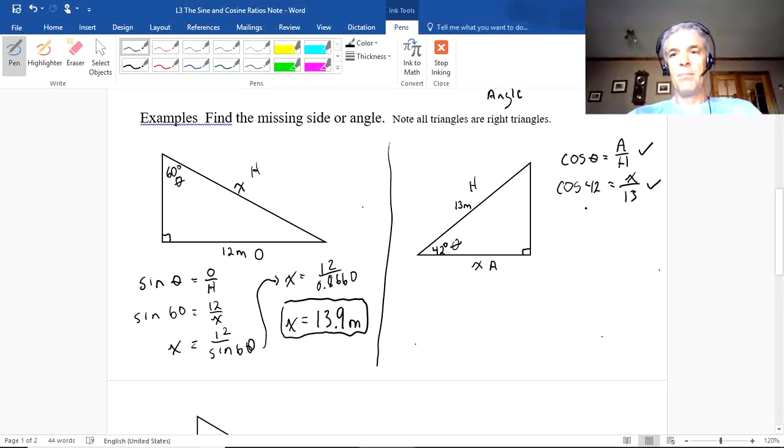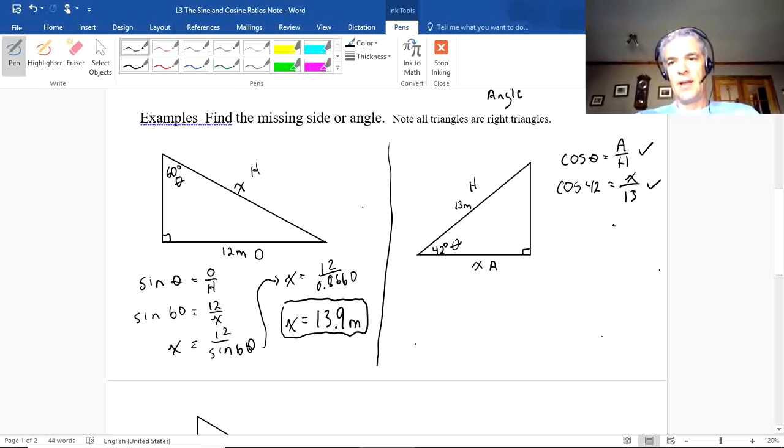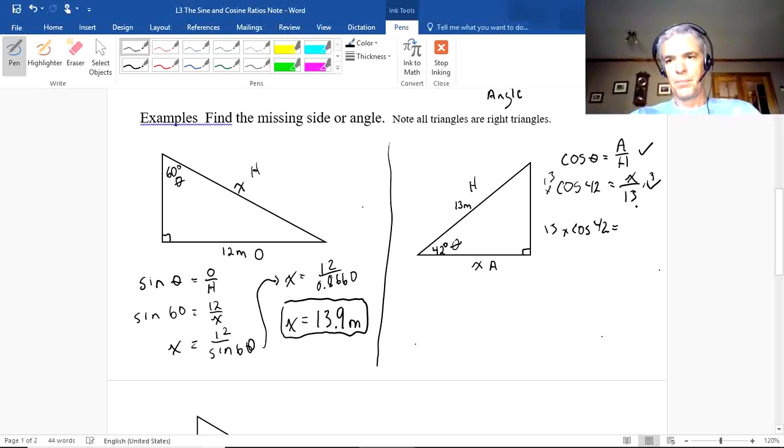If I bring the 13 over to the other side, just multiply both sides by 13, I end up with x equals, if I just multiply both sides by 13, and you can do this, right? You get 13 times cos 42 equals x. And usually we write it on the other side, but I can save that to the last step.